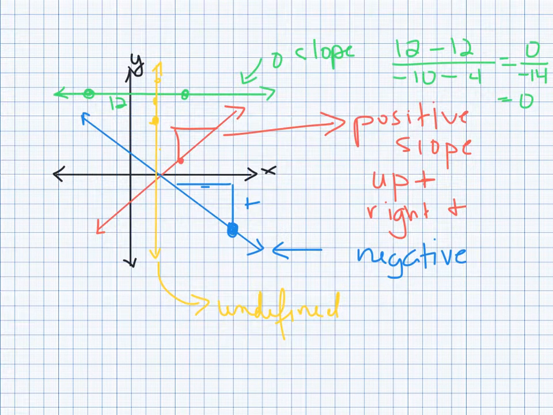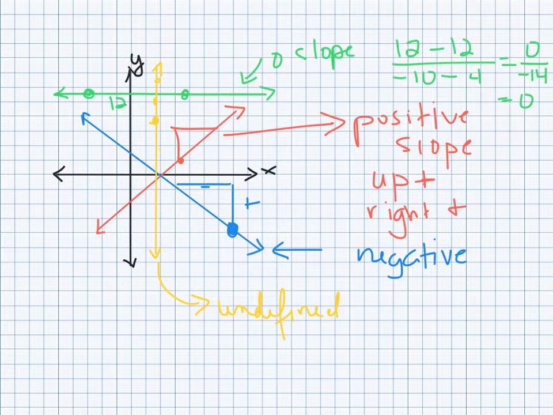All the x's along this entire line are the same x. So this point, let's say that that was 4. So that point is 4, 0. That point is 4, 1, 4, 2, 4, 3, 4, 4, 4, 5. So the x's are the same, which means that in the denominator I'm going to get 0, and I cannot divide by 0.